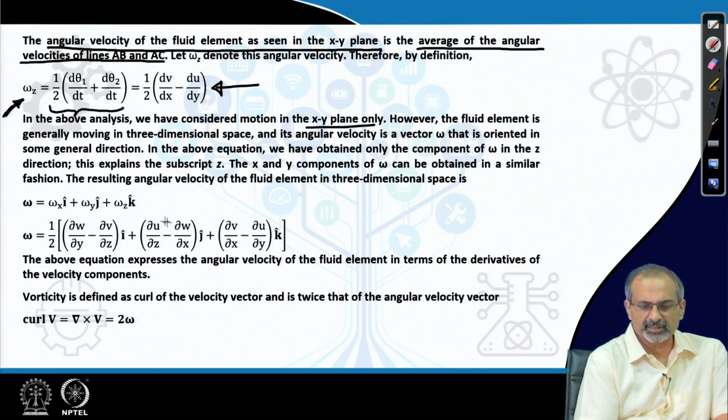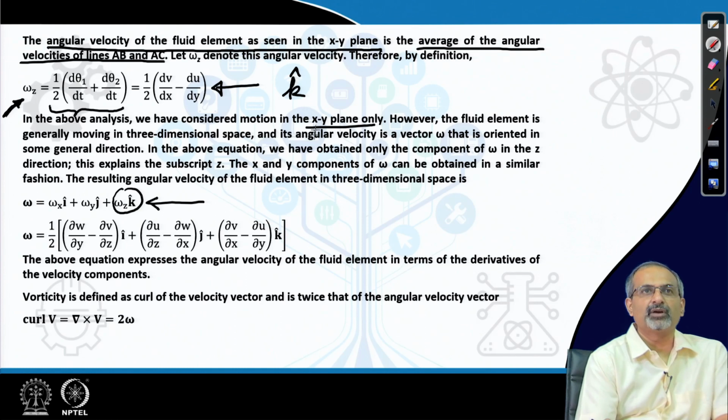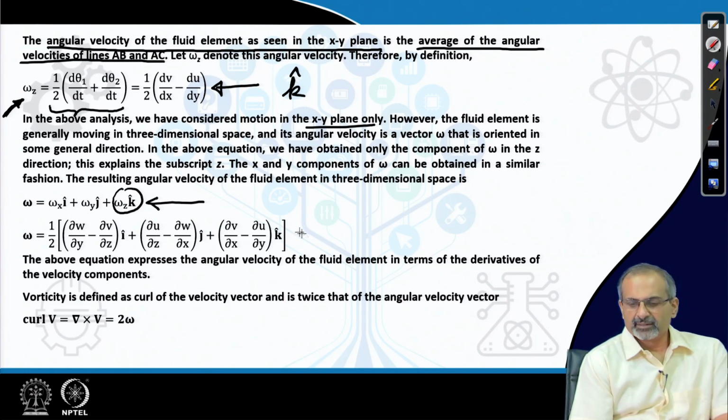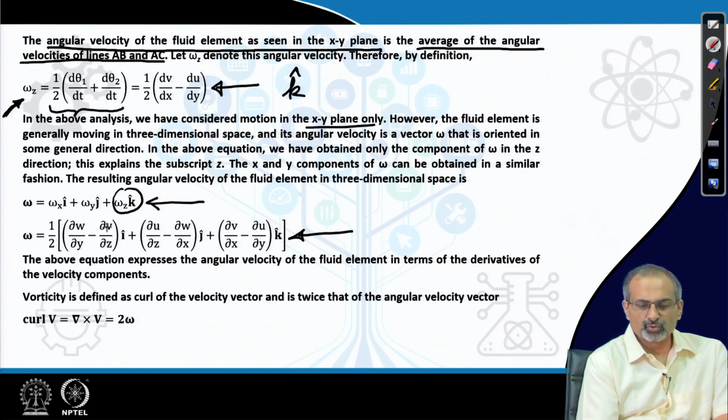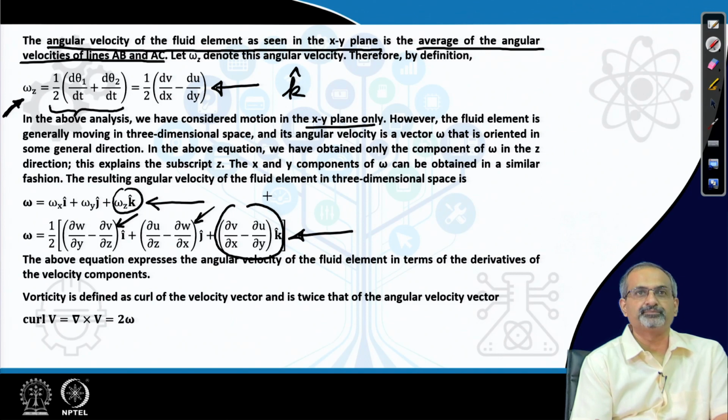In three dimensional space, it will have different components along i and j as well, not only k, because the omega z is having the k component, while the omega x is along i, omega y along j, and so on. And the complete vectorial representation comes like this, which can be worked out once you go to other planes and work out the other two components. Here we have just worked out this component in the xy plane.